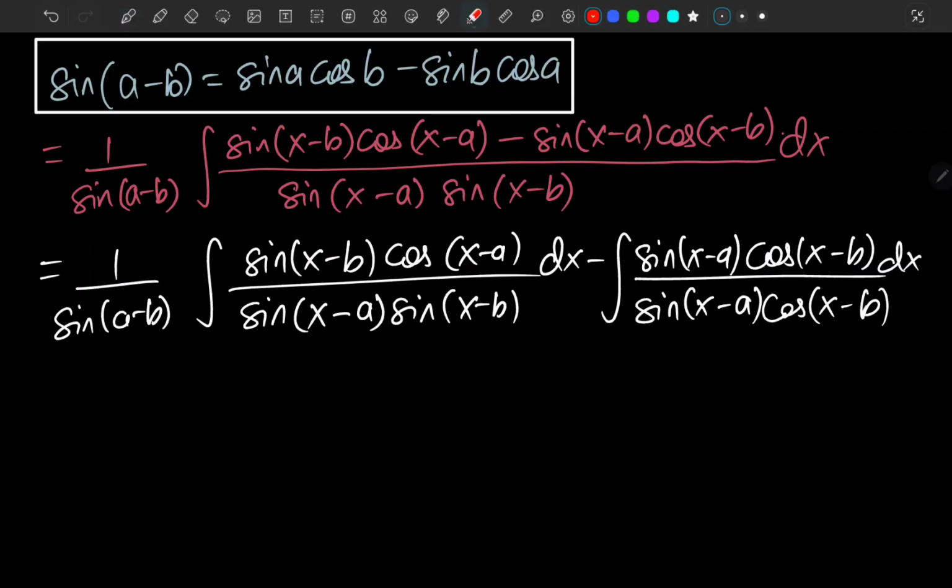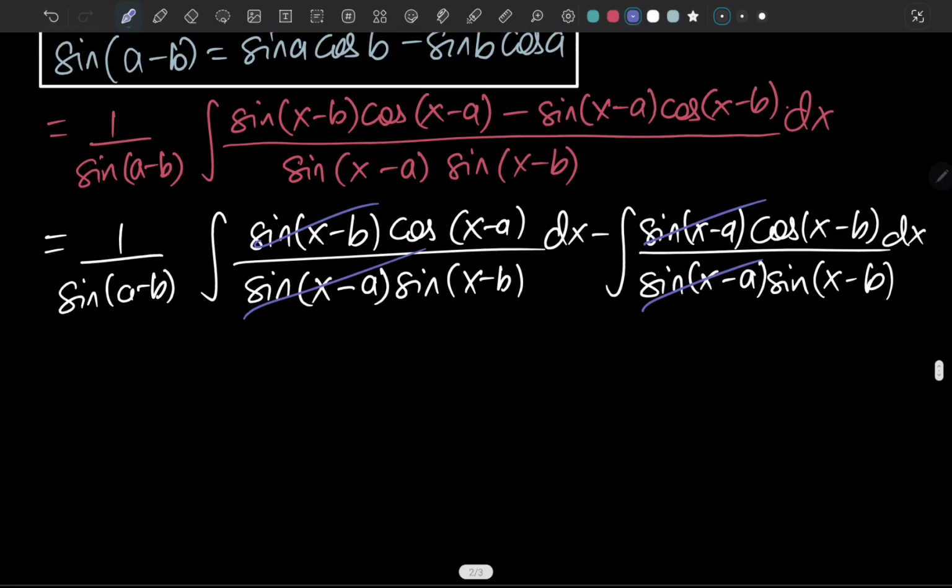Let me check everything is going correct. So good. Now I hope you have noticed that this thing and this thing get cancelled out, and this thing and this thing get cancelled out. Sorry, again I made a mistake. This is not cosine, this is sine, right? Now it's good, and this thing gets cancelled out.